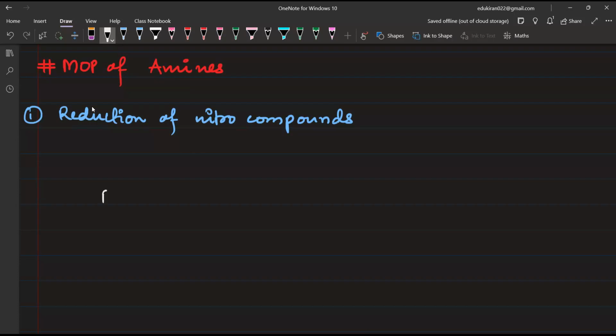If you have nitroalkanes, an alkyl group connected with NO2, you can use H2/Pd. That means hydrogenation of nitro groups in the presence of palladium as a catalyst. This is done in a solvent, ethanol, but ethanol is not taking part in the reaction. It is just a solvent, and it gives you RNH2.